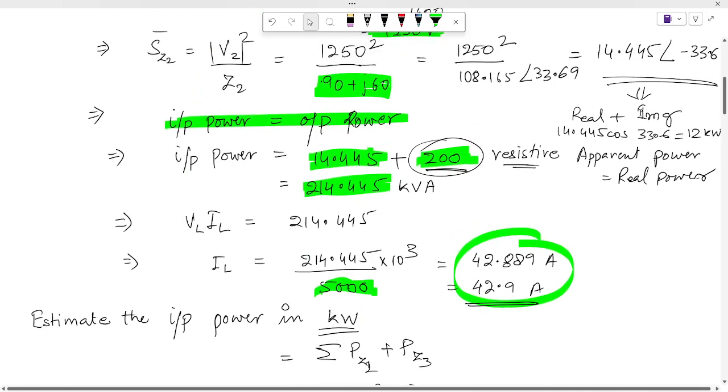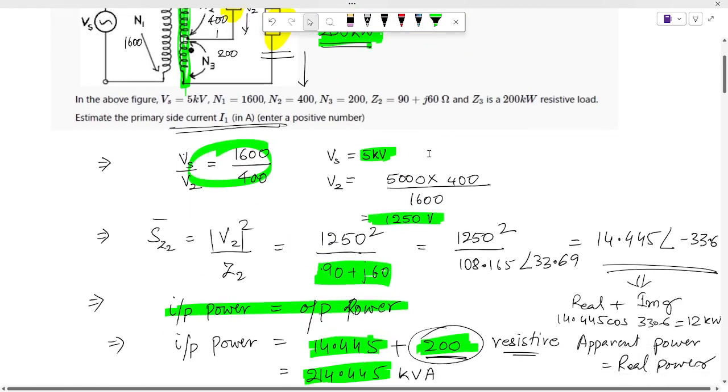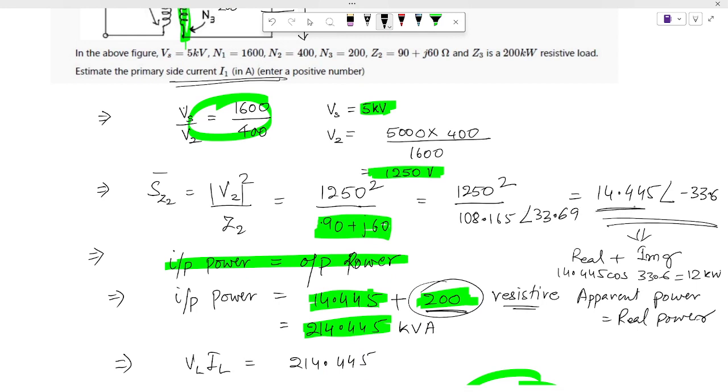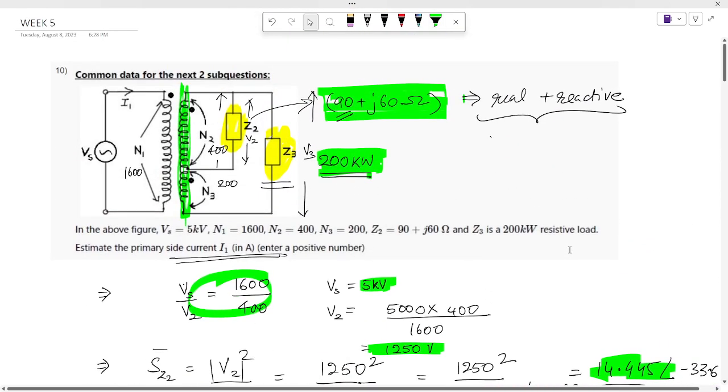So we have found the kVA of load Z2, which is 14.445, at an angle of 36 degrees. From here we can segregate this as 14.44 cos theta plus j sin theta. 14.44 cos theta comes to around 12 kilowatt, and load Z3 is already consuming 200 kilowatt.